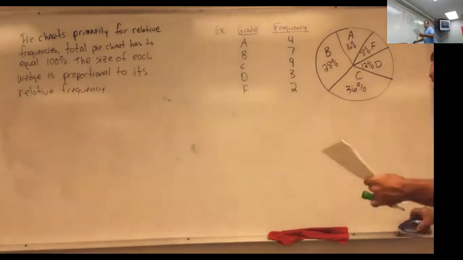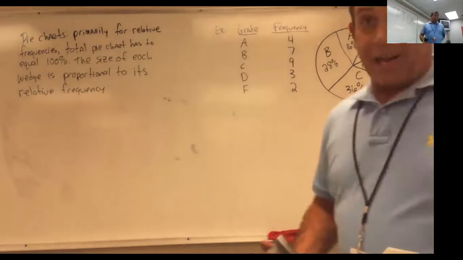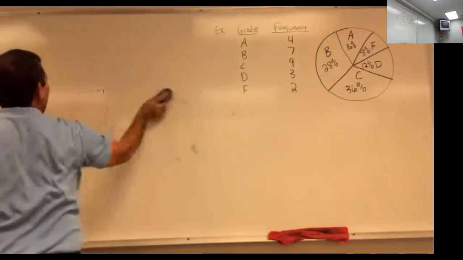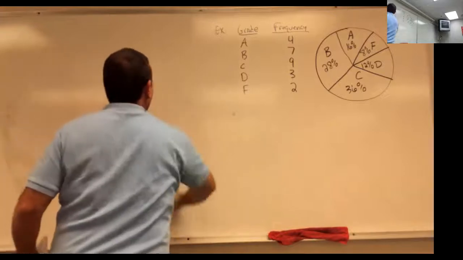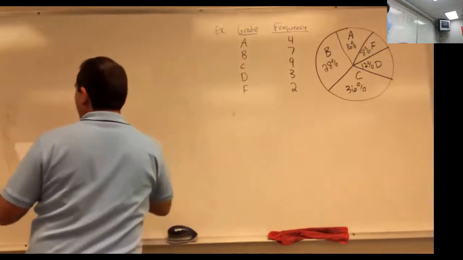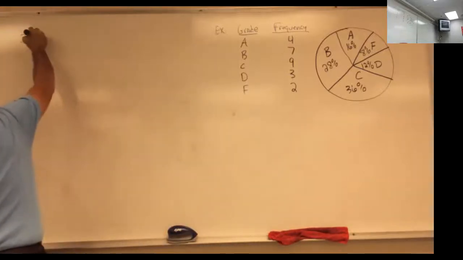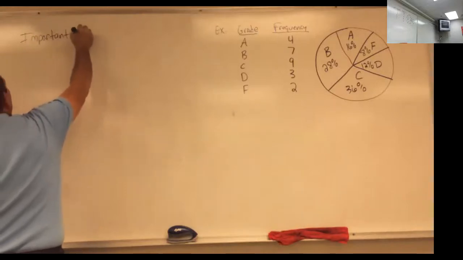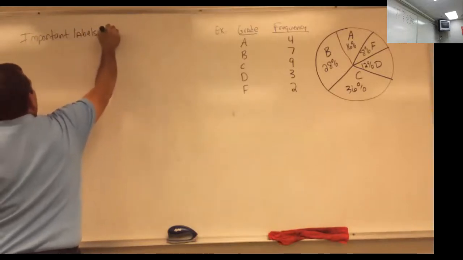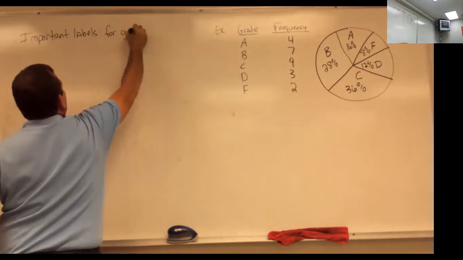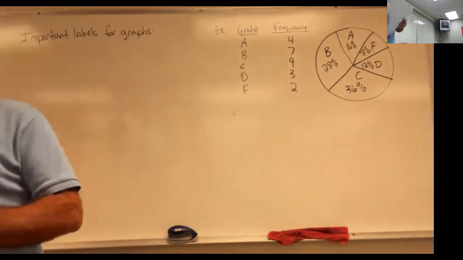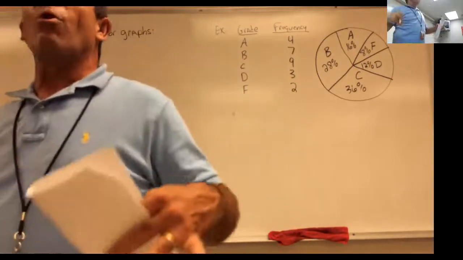All right, so we're going to show you a few things that are important for graphs. So, important labels for graphs. Well, the first thing you want is a title or a caption.